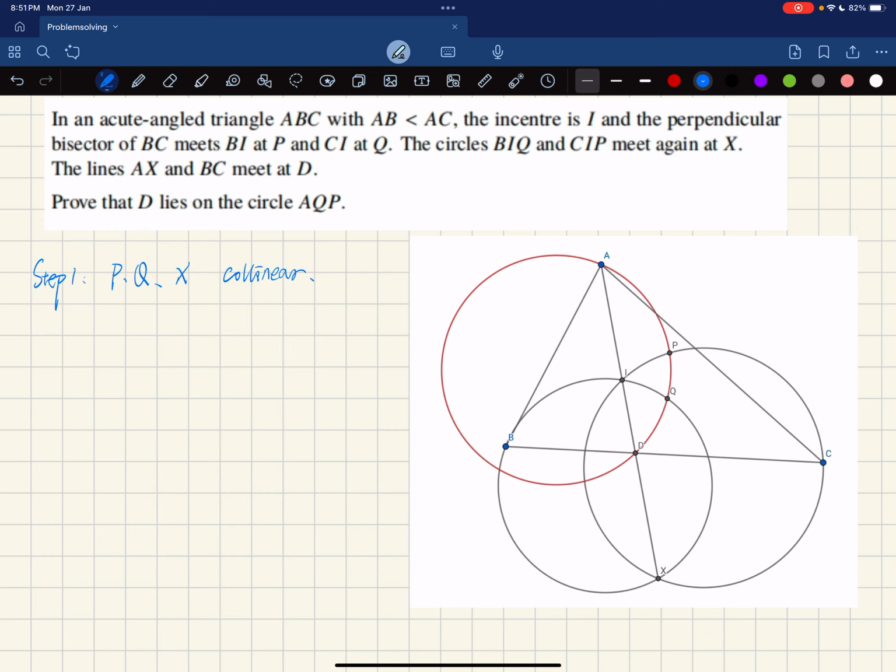You can first think of proving that angle AXQ equals angle AXP. So here we can use X, right? So we will start from here.